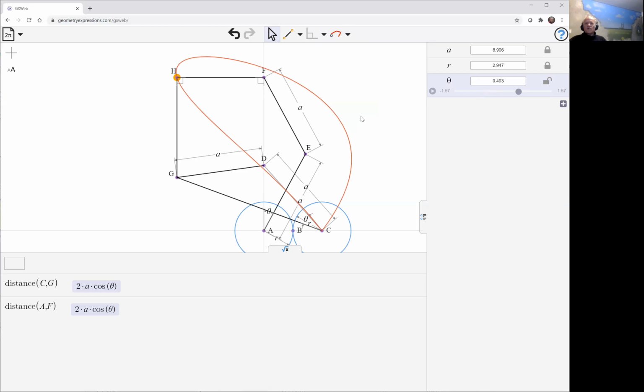And so here is the top half of that virtual parabola.